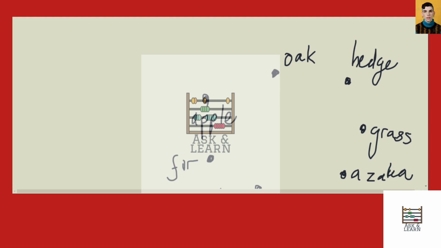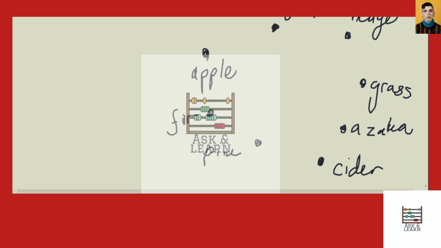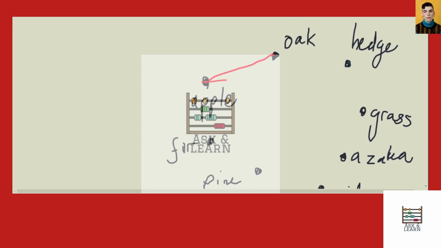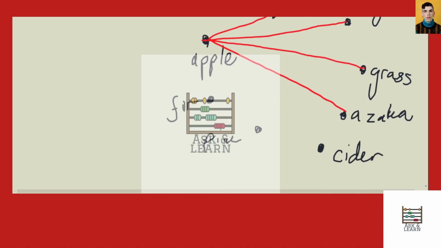And so we can draw edges between every one of these vertices. So we have an edge between apple and oak, an edge between apple and hedge. These are undirected edges. An edge between apple and grass, apple and azalea, apple and cider, apple and pine, apple and fir.